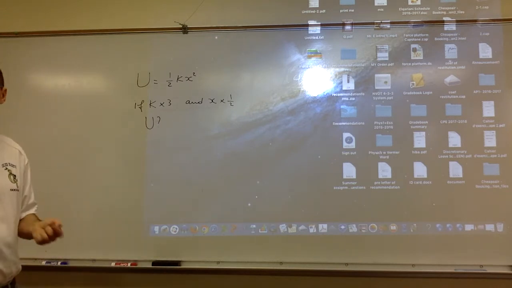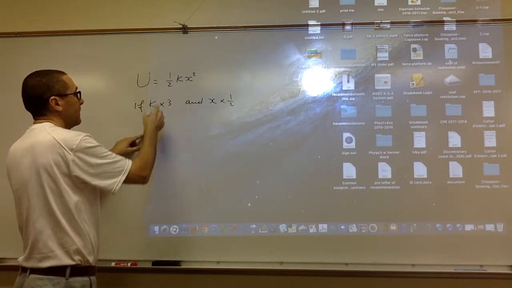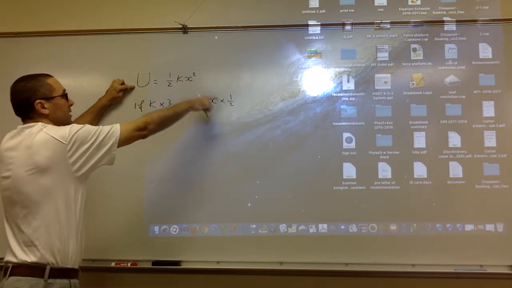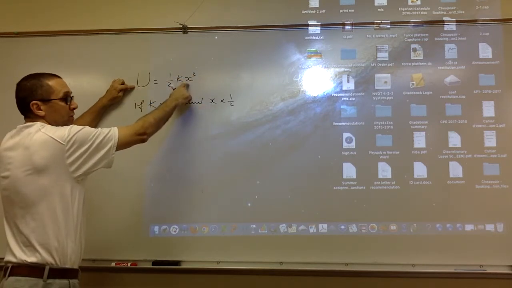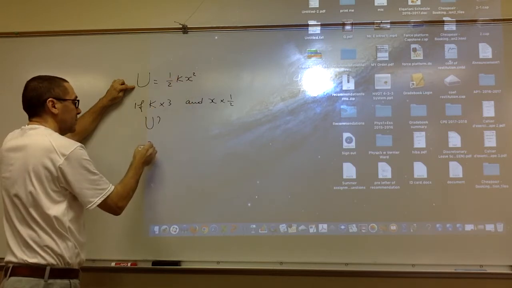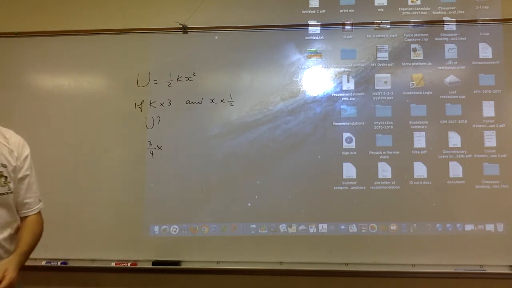By how much does it change? By what factor? Not by what addition. So if k triples, this becomes 3 times as much. But if x is halved, this becomes 1/4. So now this becomes 3 and 4. So the u would become 3/4 as much.